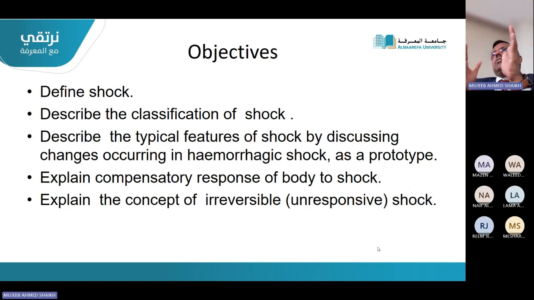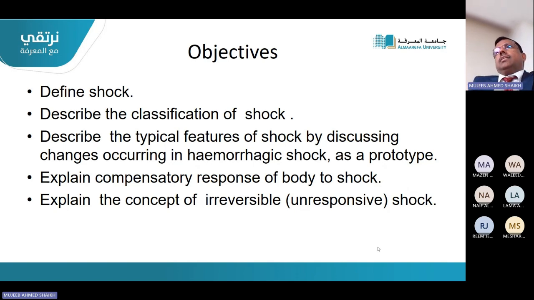Let's say 5 liters is the normal amount of blood to supply the normal oxygen. If instead of 5 liters it becomes 1.5 or 2 liters, half of normal, then it will not carry the same amount of oxygen. If it will not carry the same amount of oxygen, the tissue will not function properly. Again, this is one of the causes of shock. This is either hypovolemia, or cardiogenic, the problem lying in the heart.